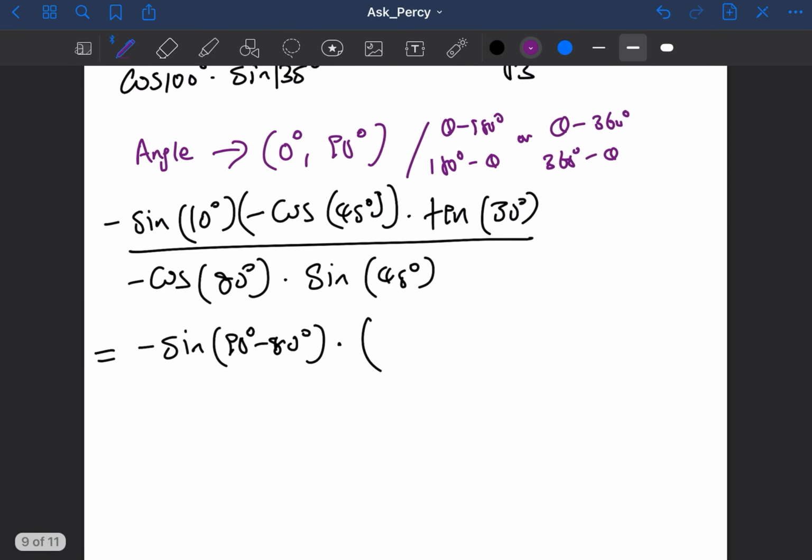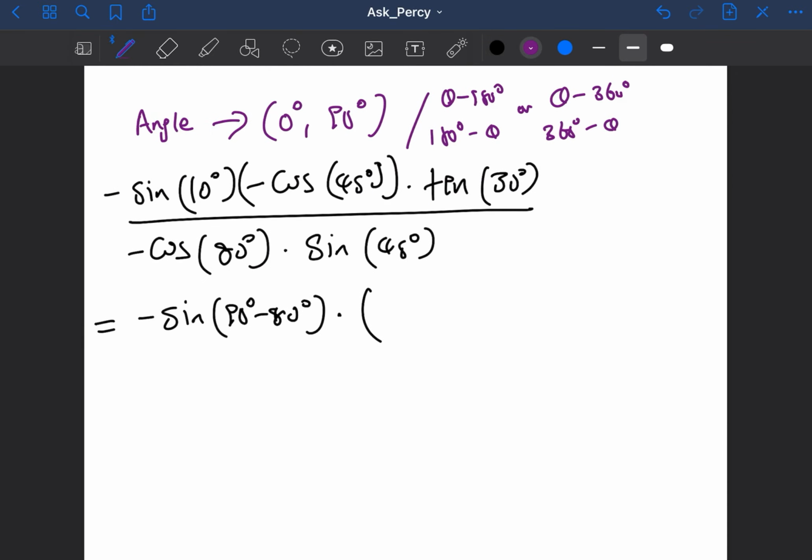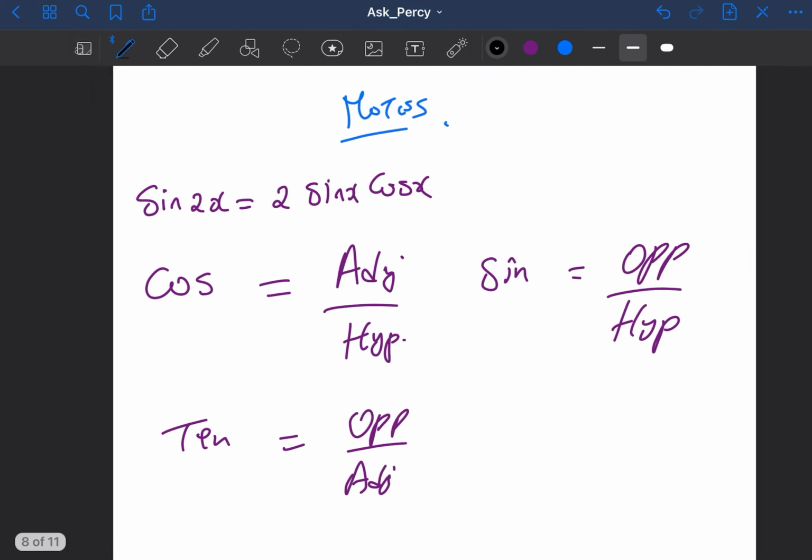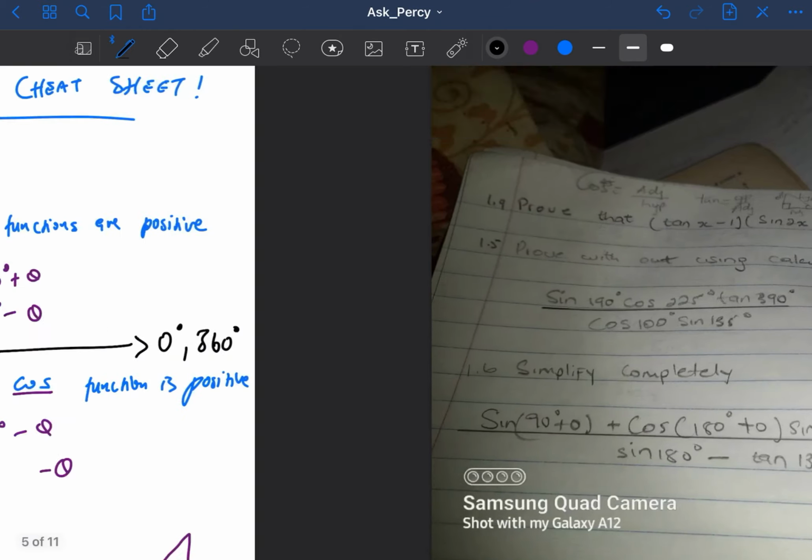So again, cos 45 is adjacent over hypotenuse, and we already have that negative there, so this is going to be 1 over root 2. And then tan 30, go back again to our cheat sheet.